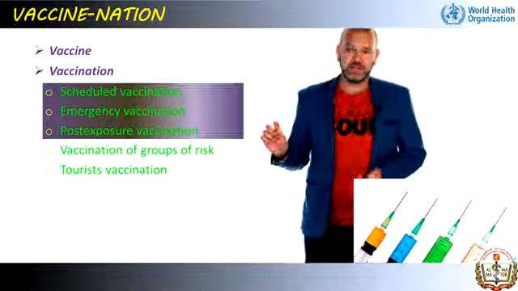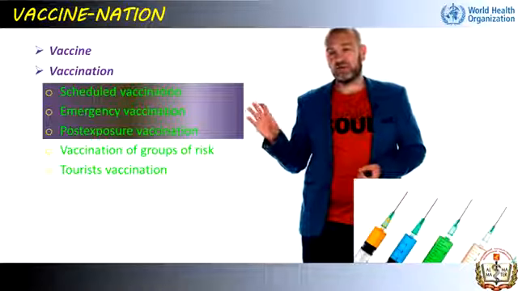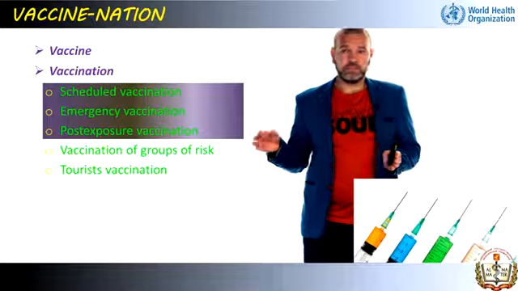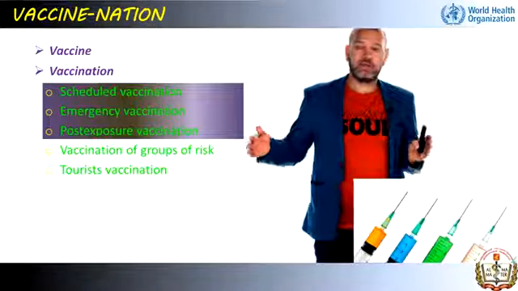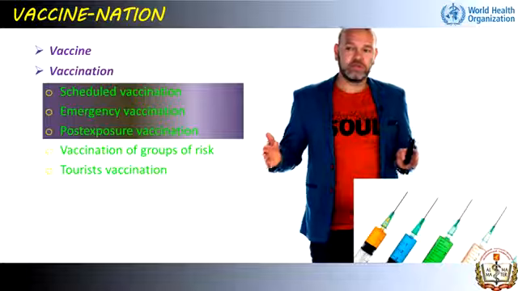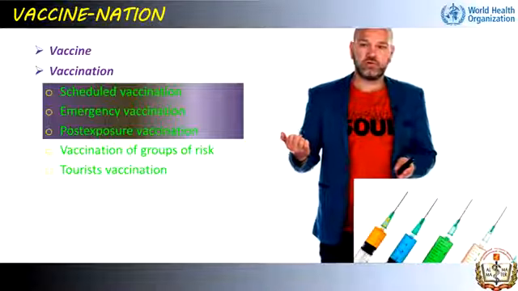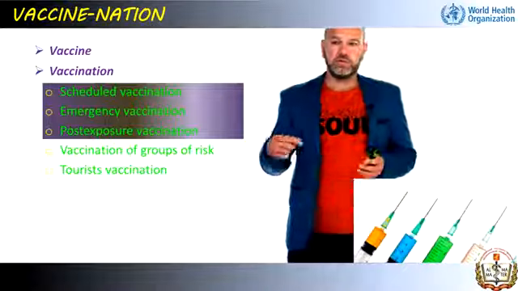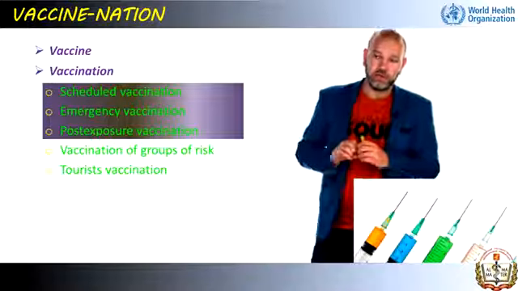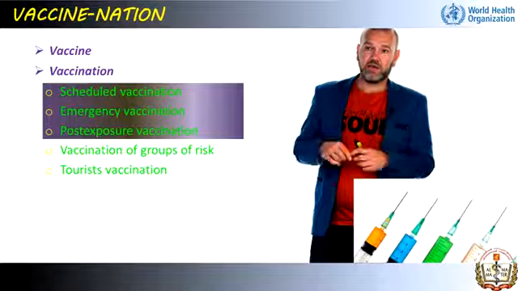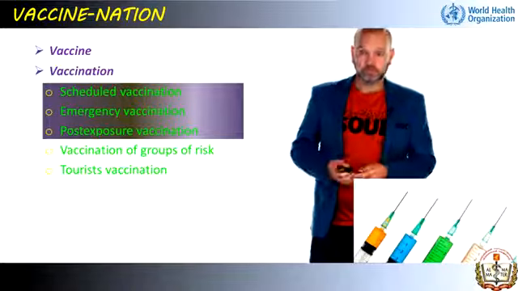The main goal here: both diseases, tetanus and rabies, have a pretty long incubation period, and that incubation period is enough to stimulate immunity. By the moment the pathogen starts to spread in our body, our immunity will already be prepared.